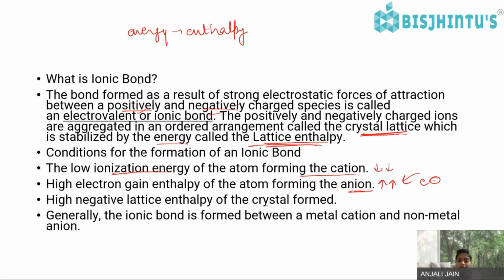The crystal should have a high negative lattice enthalpy. Generally the ionic bond is formed between a metal cation and a non-metal anion, because metals have the tendency to donate and non-metals have the tendency to withdraw or receive.